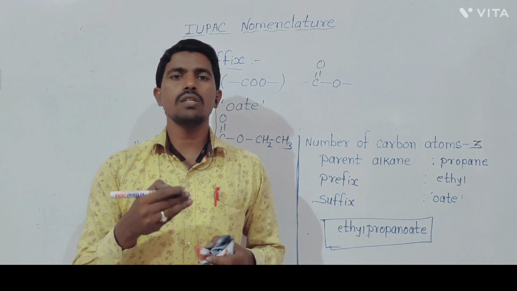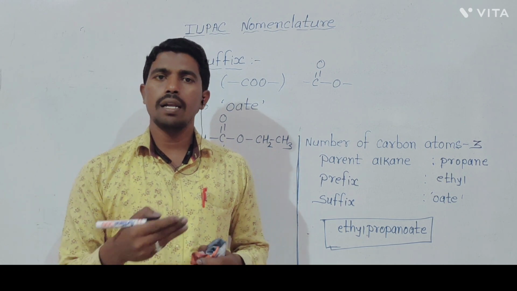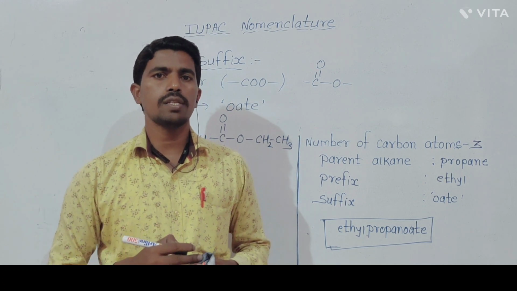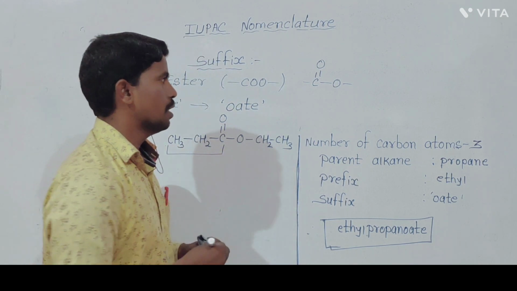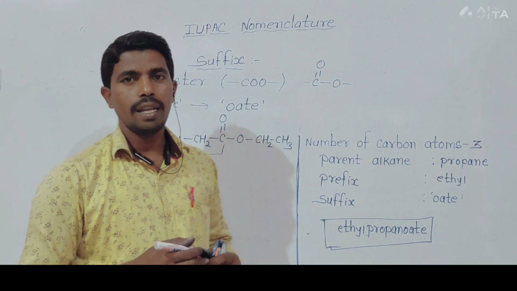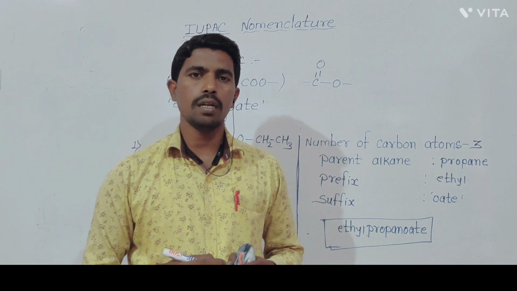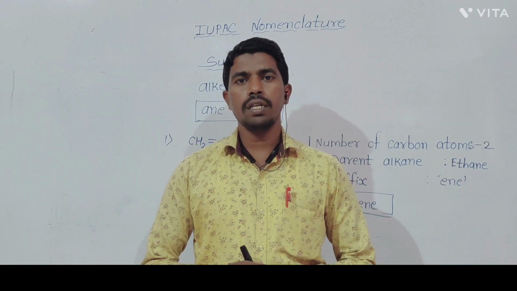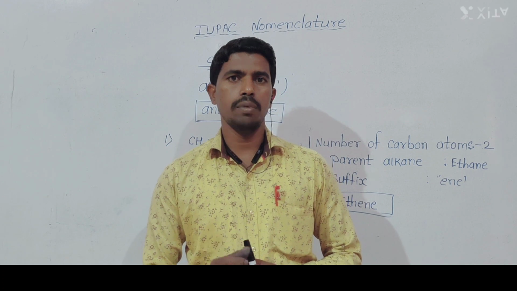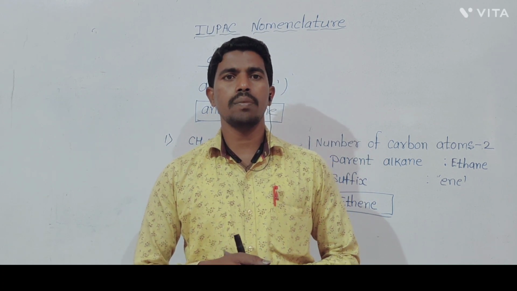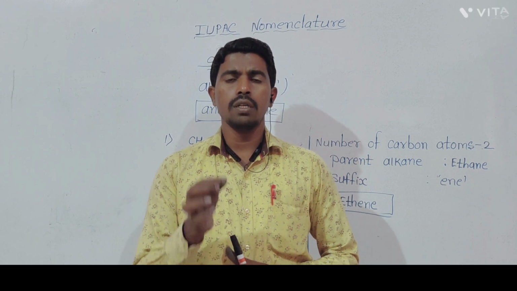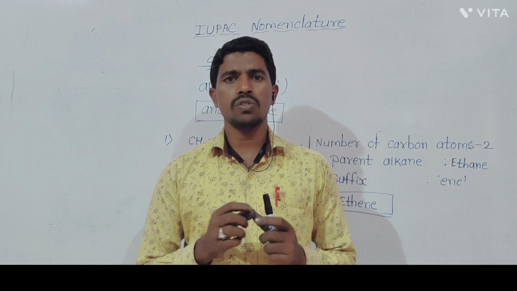After this we will see alkene and alkyne. Alkene means it is an unsaturated hydrocarbon, and alkyne is also an unsaturated hydrocarbon compound. Alkene means carbon-carbon containing a double bond, and alkyne means carbon-carbon containing a triple bond. The last ANE of alkane is replaced by ENE if a double bond is present in a straight chain.